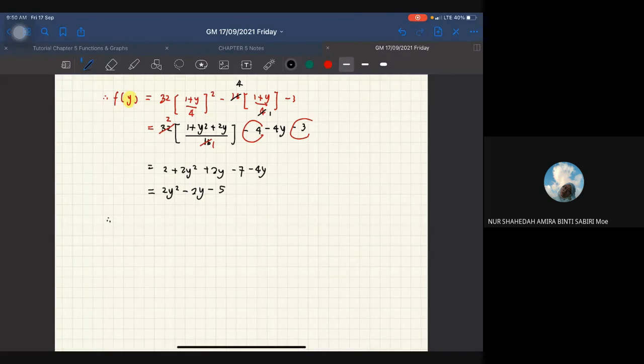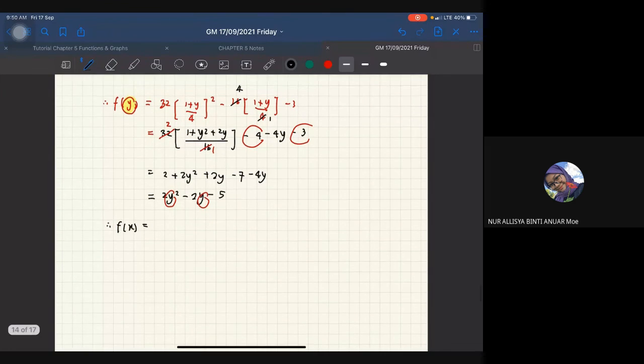Soalan nak fx. So bila soalan nak fx, awak kena tukarkan variable yang awak ada into new variable. So you have fx equals to, just substitute sahaja, tukarkan sahaja this one jadi x. Sebab ni tadi y kan, so bila y dah tukar jadi x, so everything yang ada y jadi x. Ya saya?